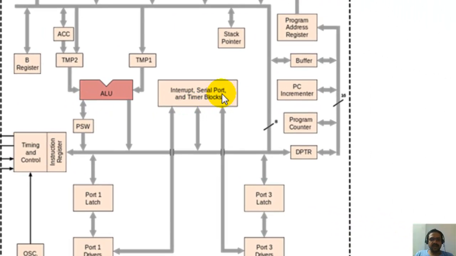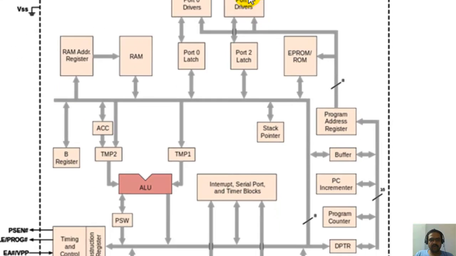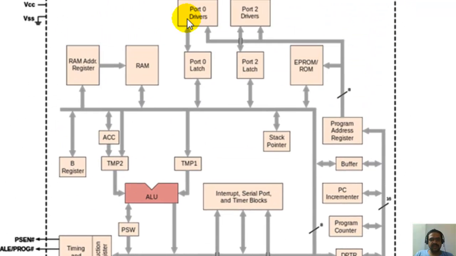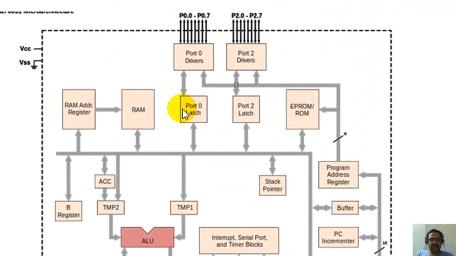Now this is where you have your interrupt, serial port, and timer blocks. Now you see the 4 ports: port 0, port 2, and right at the bottom port 1 and port 3. Again you see the ports are not directly connected to the data bus. In between you have a latch.